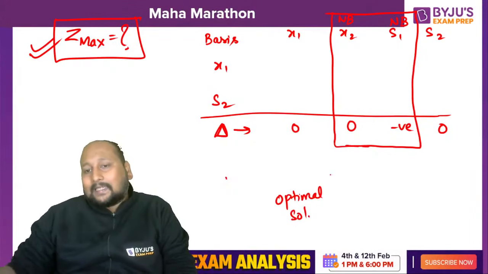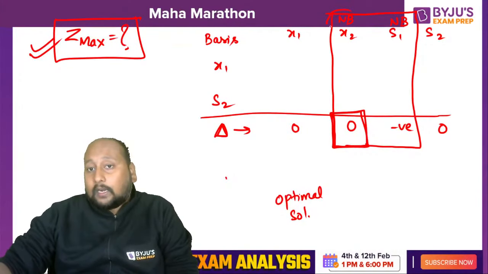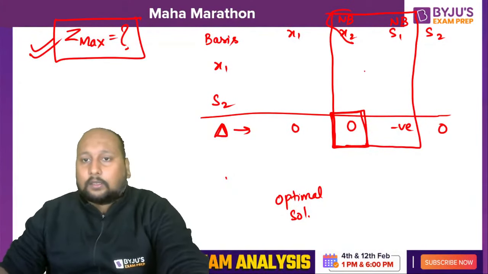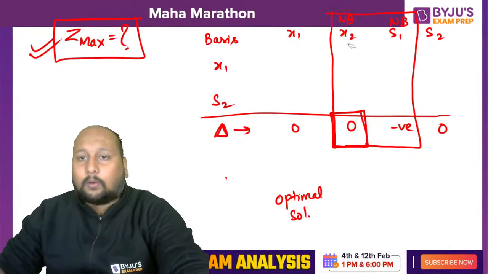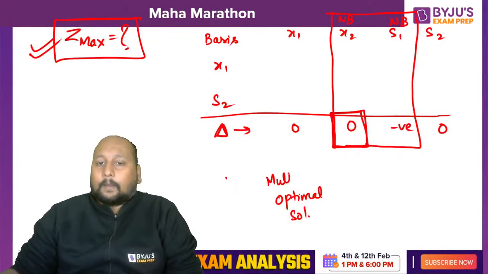But as the delta value is 0 for one of the non-basic variables, and that too a decision variable, I'm talking about a decision variable, right? So I can say this is an example of a multi-optimal solution.